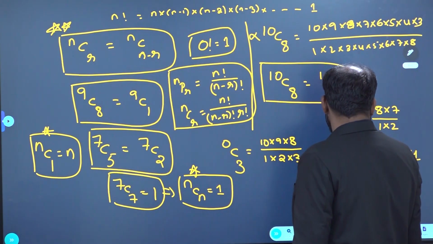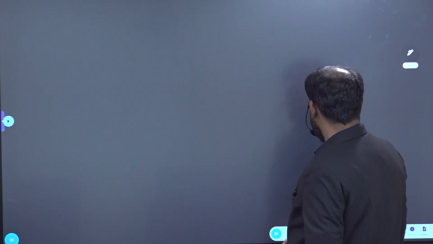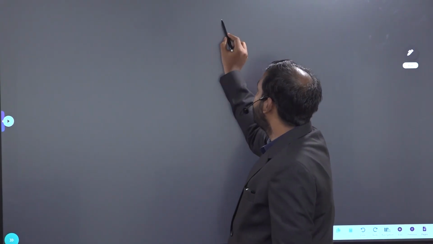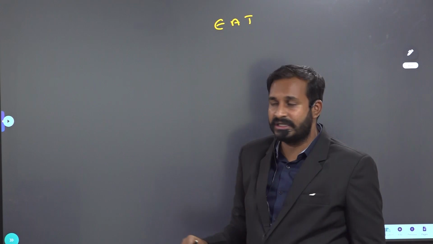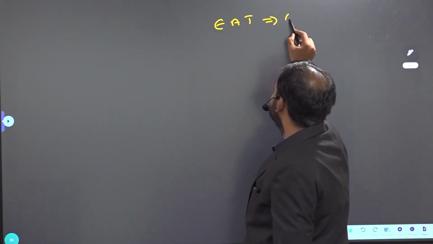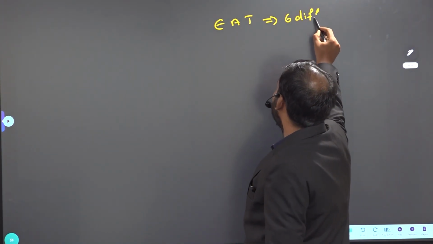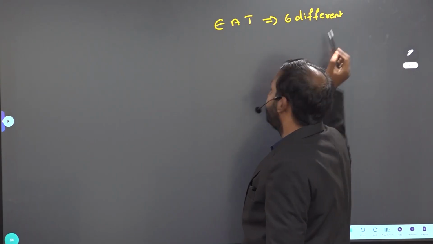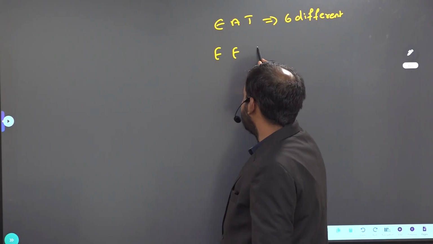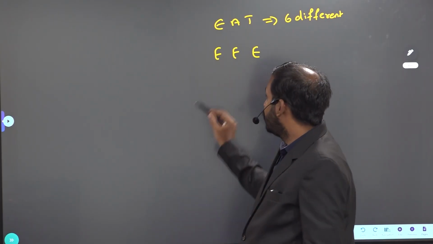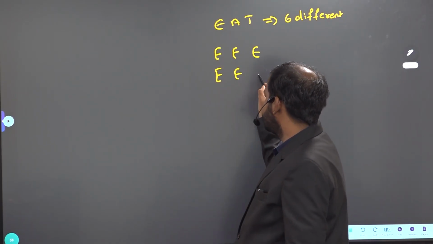See here students, let me take a new page. Okay. Now, what does with repetition and without repetition mean? Just now we have seen EAT, right? In how many ways have we written this EAT? In 6 different ways, and that is without repetition. With repetition means I can use the letter E for 3 times, or for 2 times.